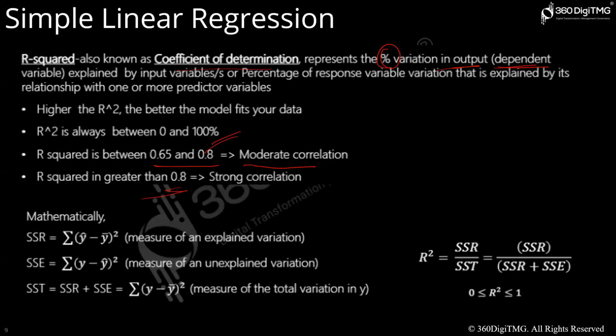And mathematically, we represent y cap minus y bar whole square as measure of explained variation, y minus y cap whole square as measure of unexplained variation, SSR plus SSE, which is nothing but summation of y minus y bar the whole square, measure of total variation in y.